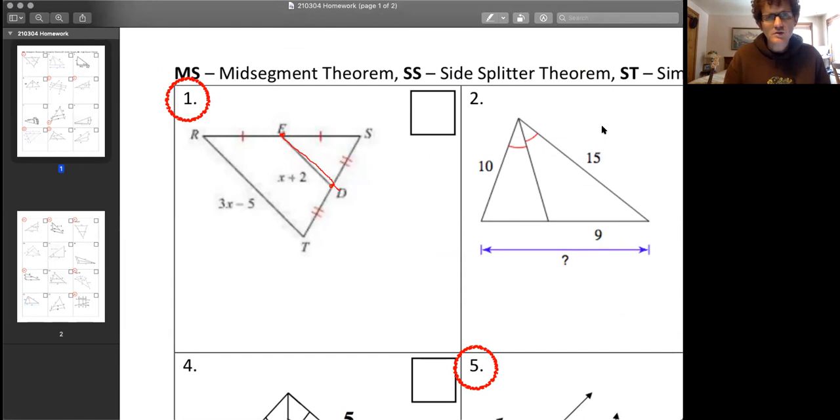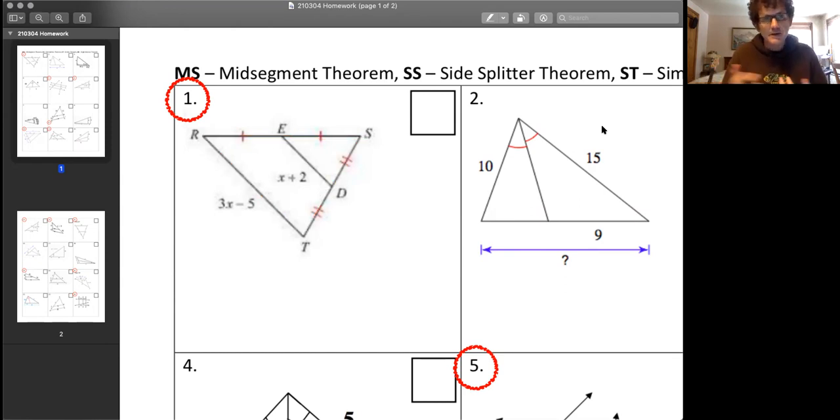So if you see congruence marks, it's going to be mid-segment theorem. And you're always going to see a complete triangle with this. When it's side splitter, you won't always see a complete triangle. But if it's mid-segment, it's going to be a triangle, and you're going to see the congruence marks. All right, so that's the key thing.